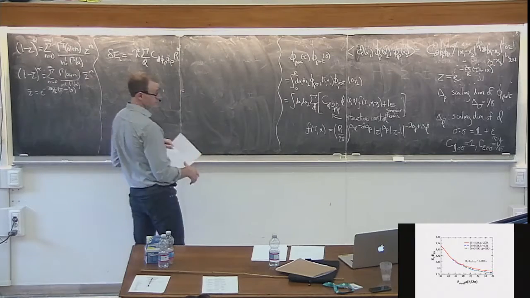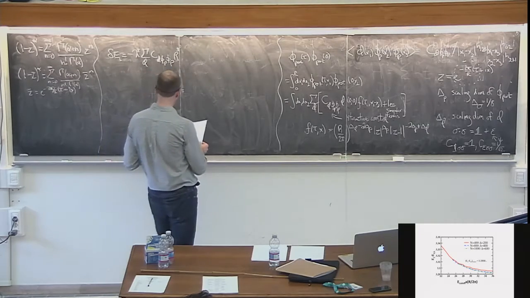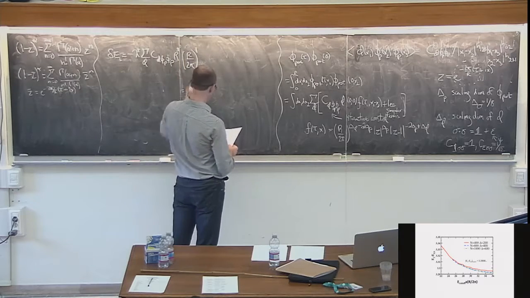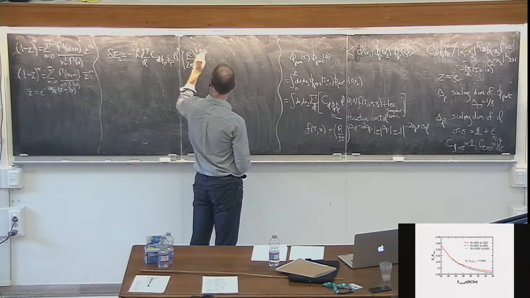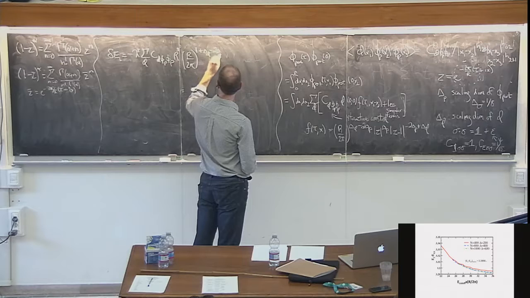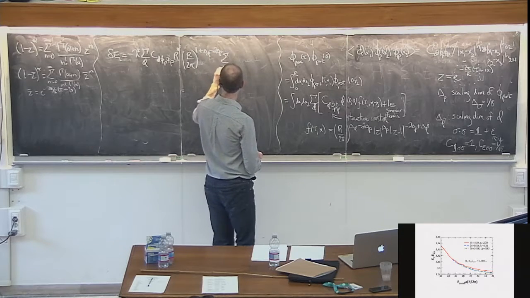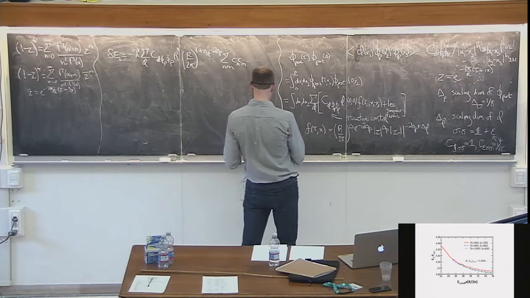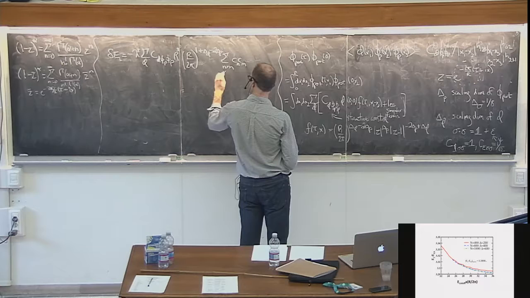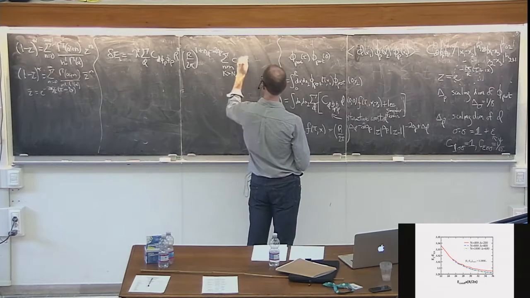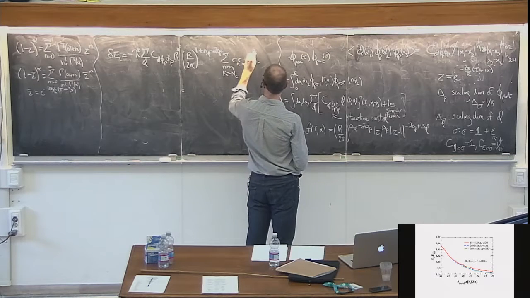You get an R squared from the spatial integrations, and two delta P.